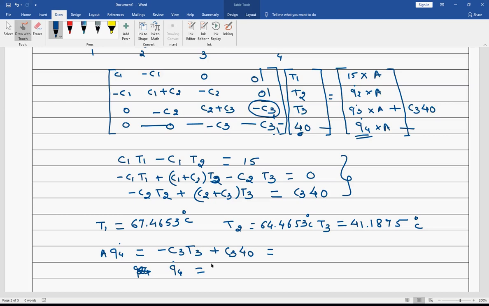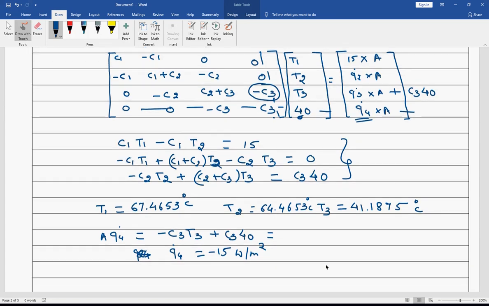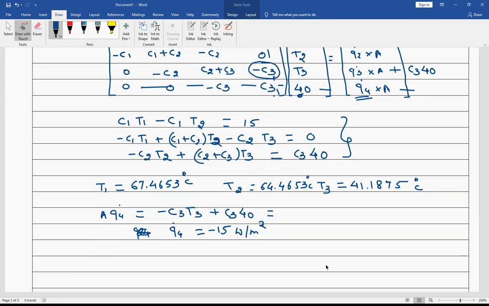Minus 15 watts per meter square. Okay, accepted. So that is the net heat balance, and that's the way to do it.